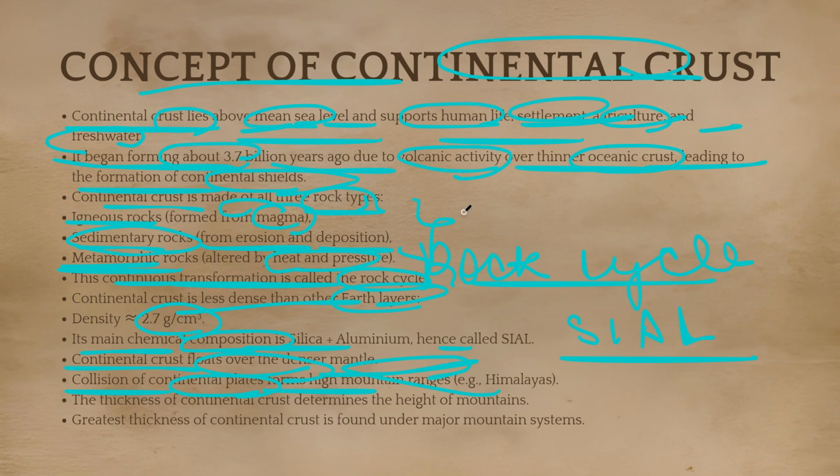So what happens is, when one continental crust meets another continental crust and they collide, they rise, and they also make deep roots at the same time.